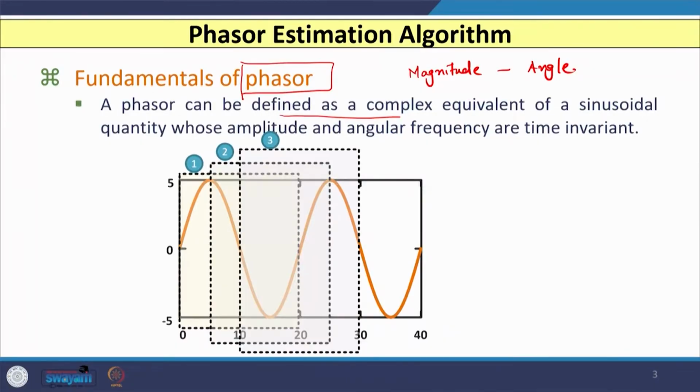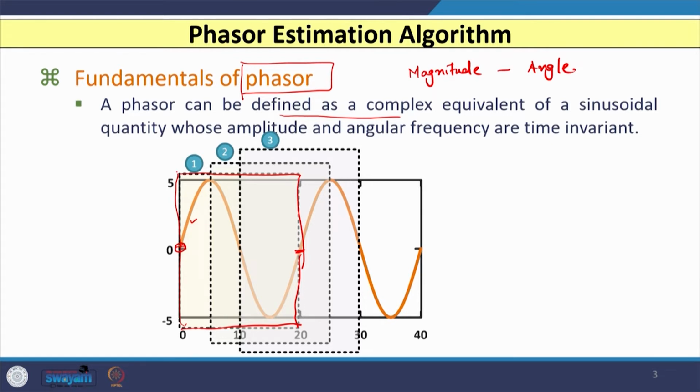So, to understand this, let us consider a sinusoidal wave as shown here. Here you can see that we can start taking samples from this instant and we can stop here. So, this is going to become the first window. You can see this is the window in which we are going to acquire the samples.